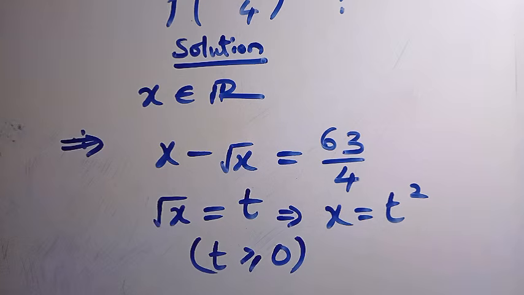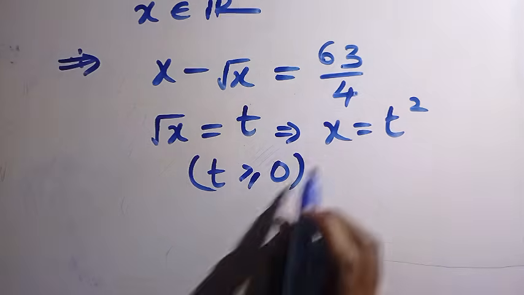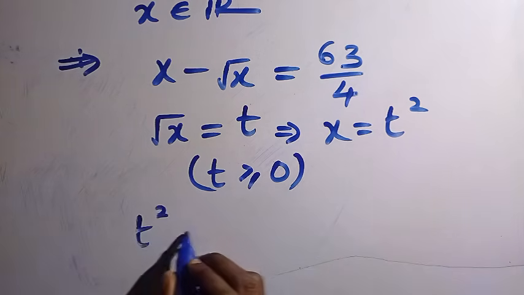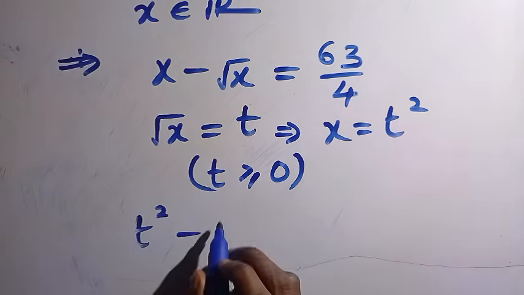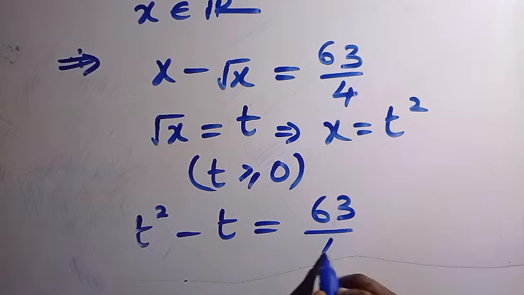So we have to note this. On knowing this, we have x minus root x, which is t squared minus t, equals 63 over 4.